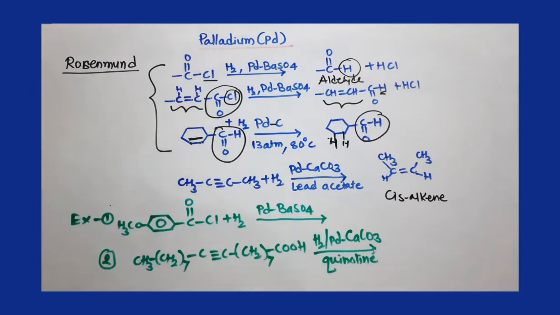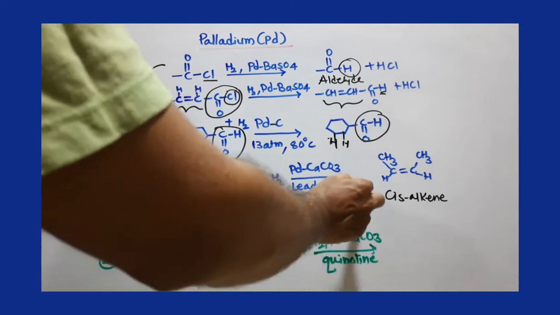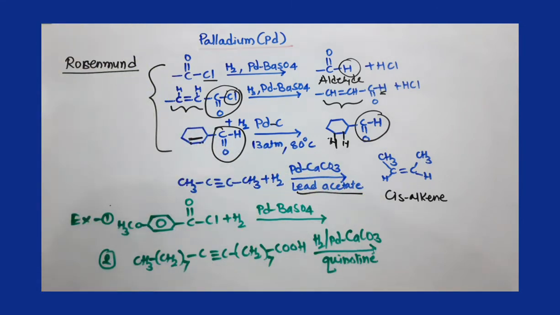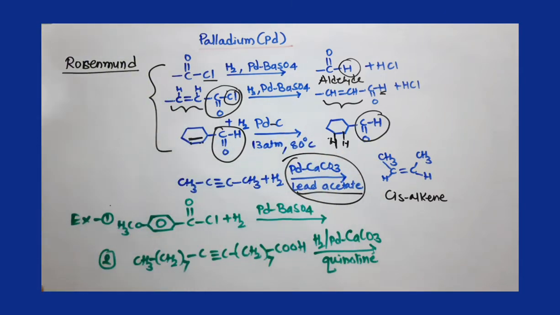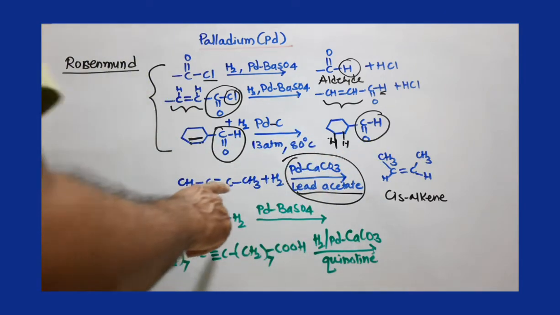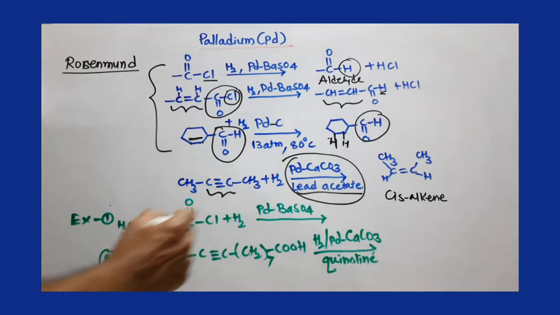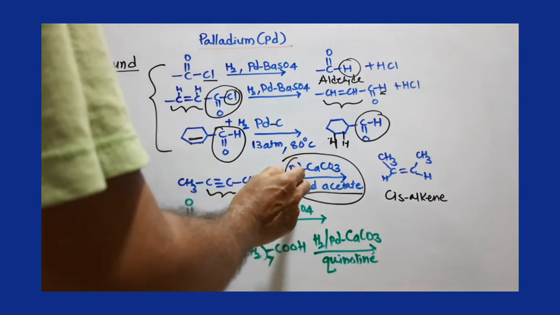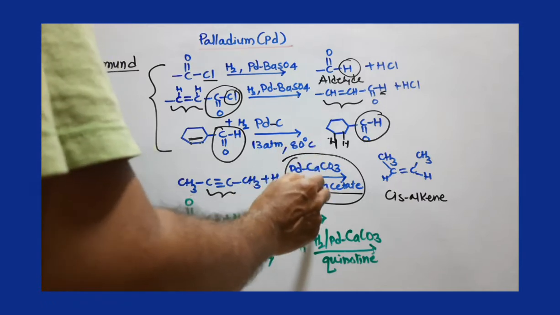Now if palladium is supported over calcium carbonate in presence of lead acetate or quinoline, this combination is called Lindlar's catalyst. So this Lindlar catalyst is used for the reduction of carbon-carbon triple bond. Now see, this carbon-carbon triple bond is there, and palladium is supported over calcium carbonate in presence of lead acetate or quinoline.